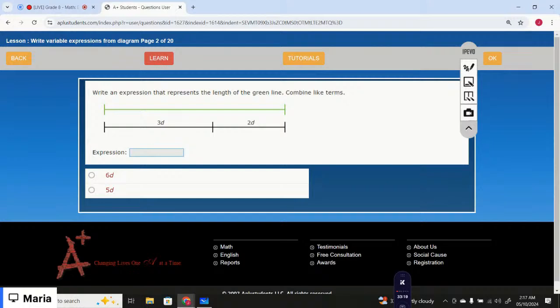Write an expression that represents the length of the green line, combining like terms. So which is the correct option?